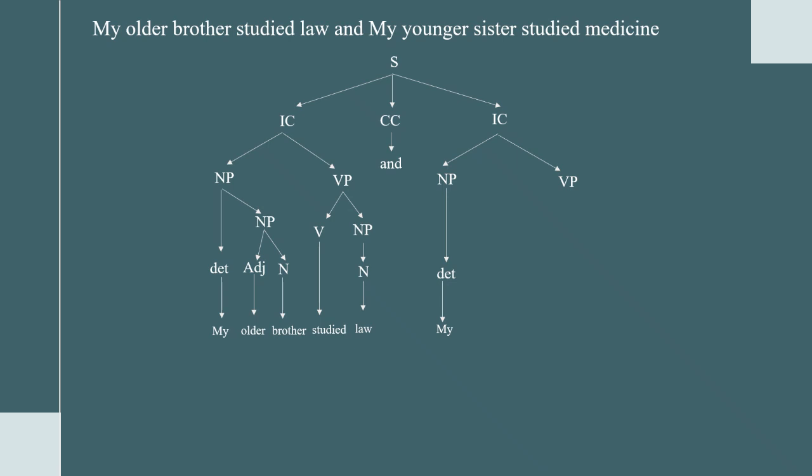First, the determiner my, and another noun phrase with the adjective younger and the noun sister. For the verb phrase, we have the verb studied and then another noun phrase, the noun medicine. So that is our complete sentence.